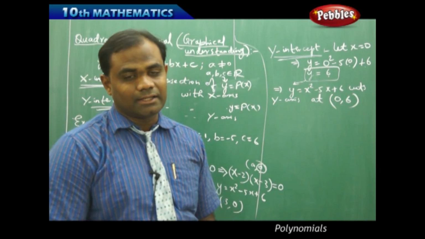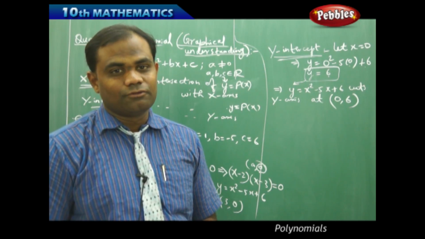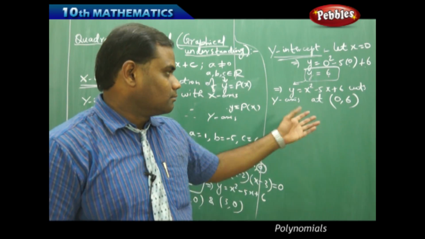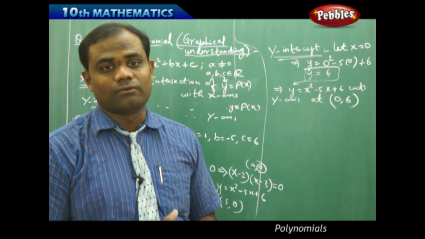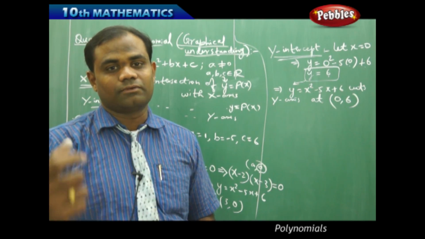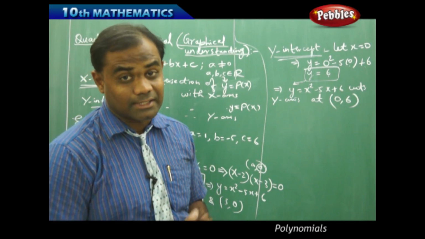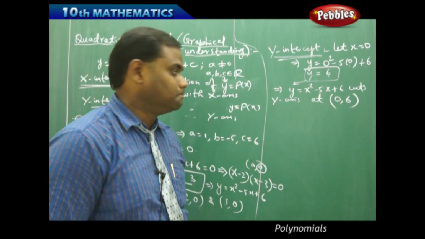So once I get the x and y intercepts, I randomly take a few x values and find the corresponding y values in tabular form. So let's see the table.